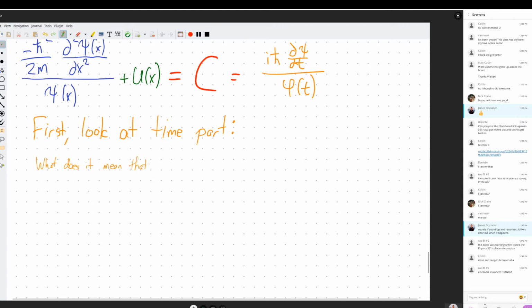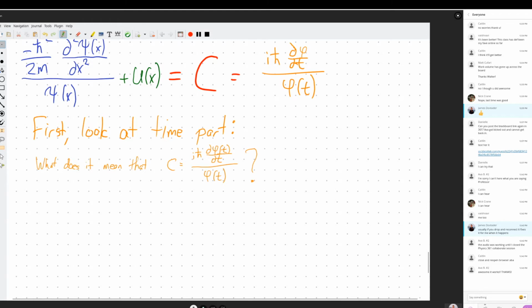What does it mean that a constant equals i h bar, whoops, so I'm sorry folks, phi, not psi, is the time-dependent one. d phi of t dt over phi of t. I just miswrote the wrong thing. Again, sorry, haven't prepared. So what does that mean?